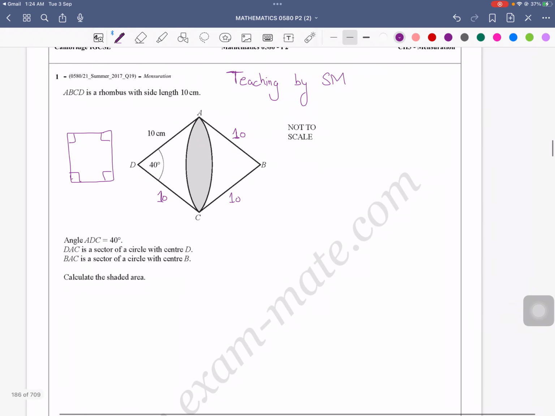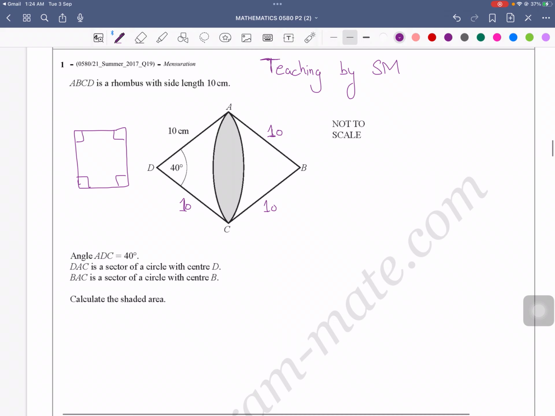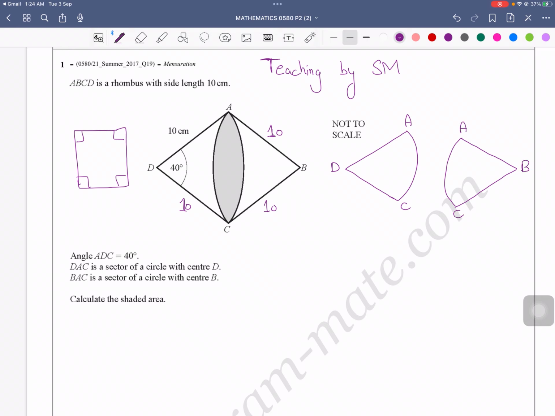Now if we dissect this diagram, we can observe that these are two overlapping sectors. One sector is DAC and the other sector is BAC. Now all of these are radii.